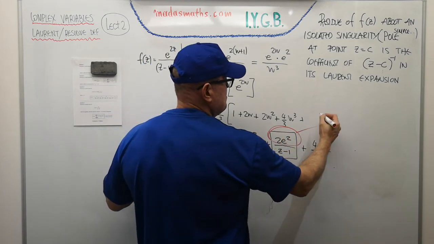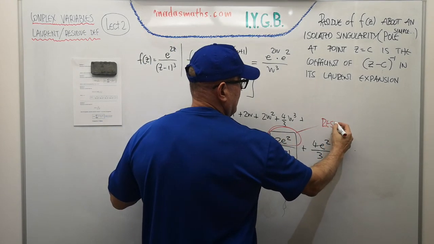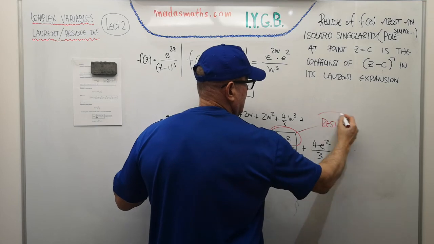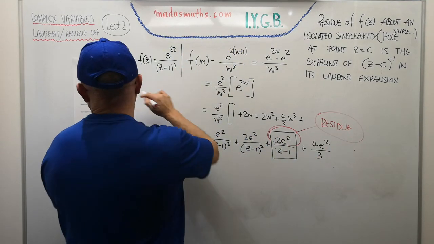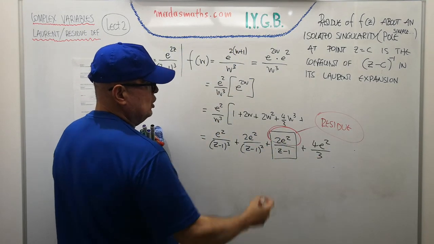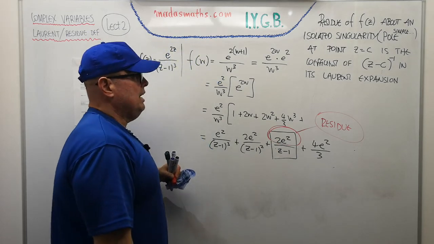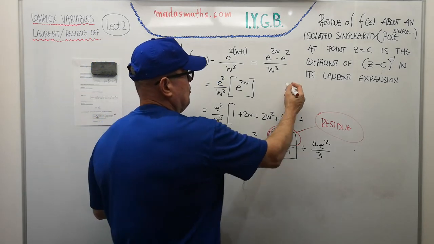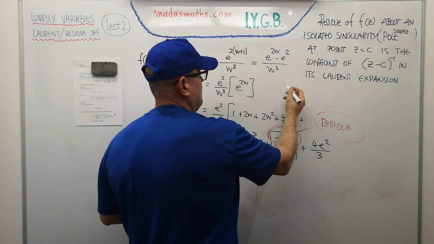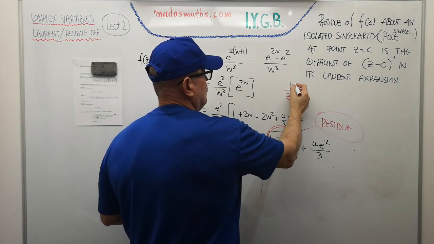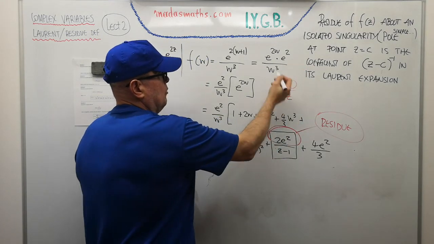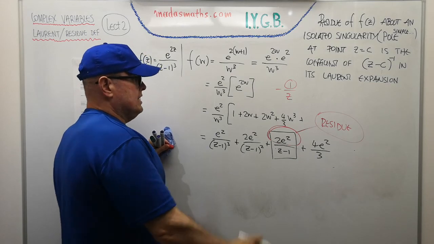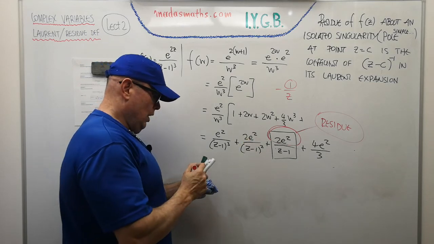This is the residue for this particular function. So when the question is asking, and hence state the residue, the answer for that one is 2e squared. It can be 1, of course, because if you expanded something and it was blah blah blah 1 over z, don't forget that's just a 1. If it was a -1 and so on. This is very important for what we're about to do.